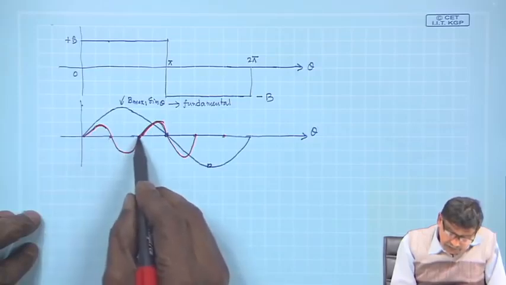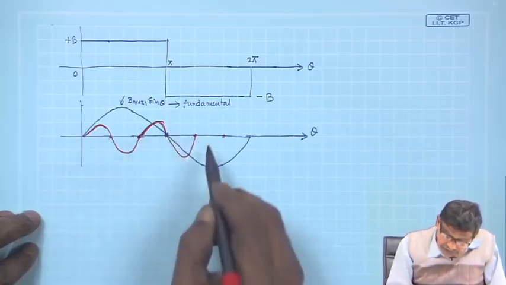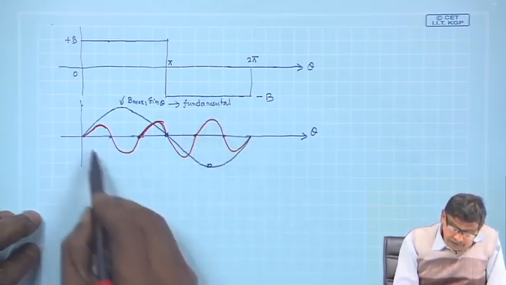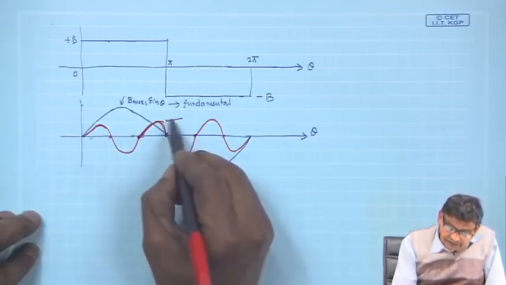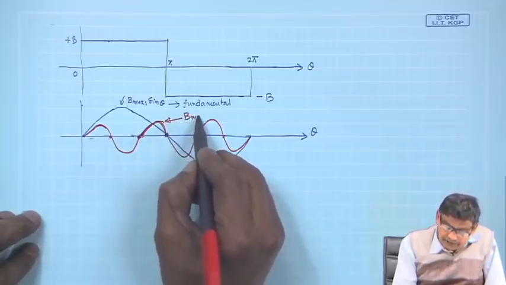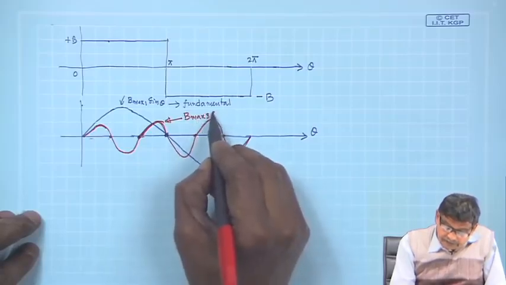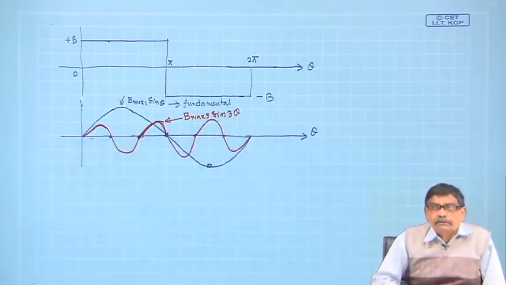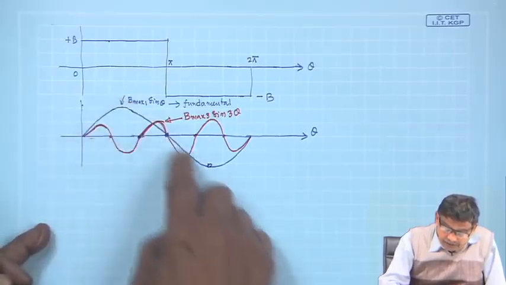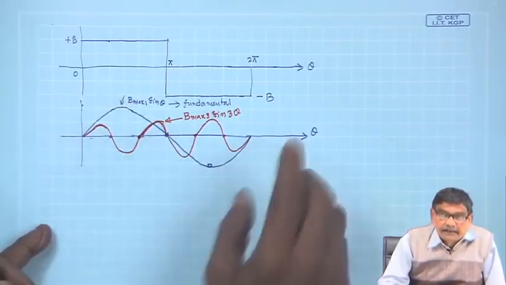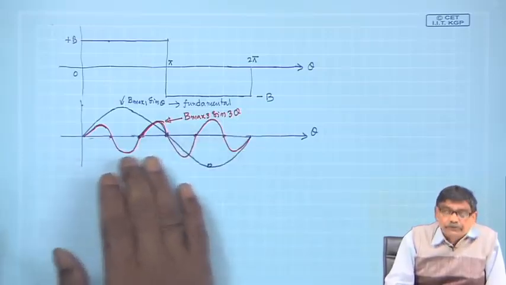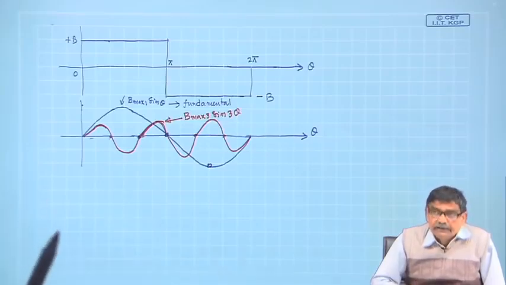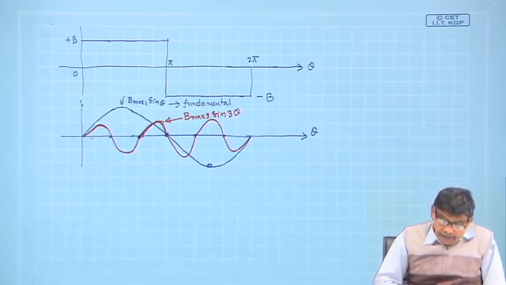One cycle 120 degrees, next cycle next 120 degrees, and the third cycle is here. So, 3 cycles of this, its equation is B max 3 sin 3 theta. Similarly, if you wish, you can sketch the fifth harmonic. In one cycle of fundamental, there will be 5 such cycles, but I am not going to draw those things. If I understand how to tackle one harmonic component, you can easily figure out what to do. So, this is the thing.